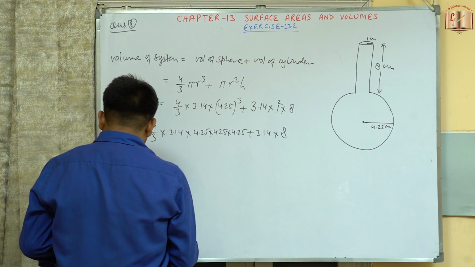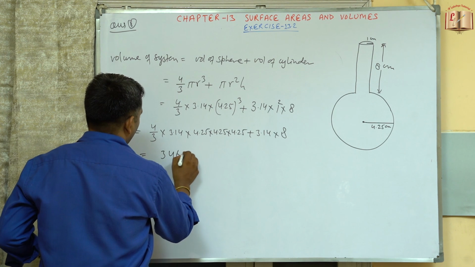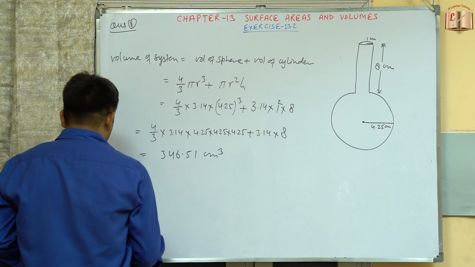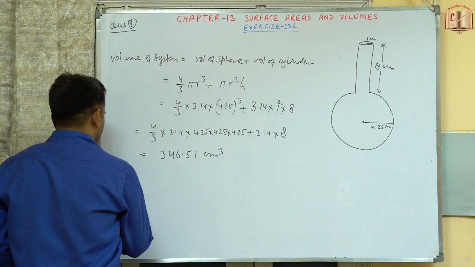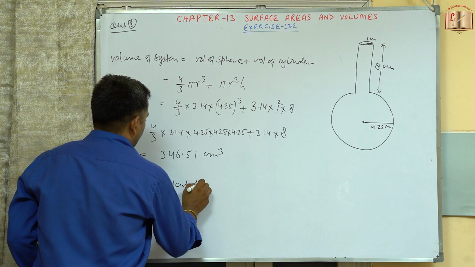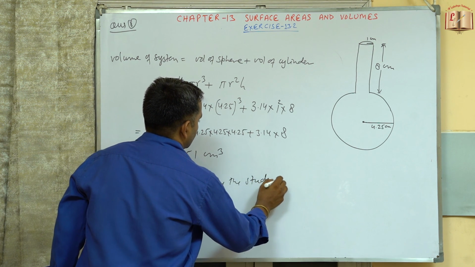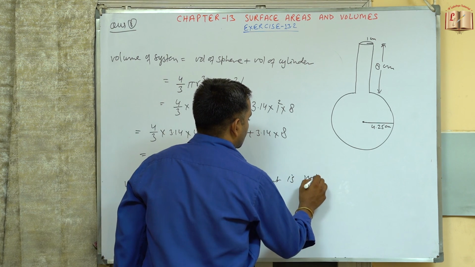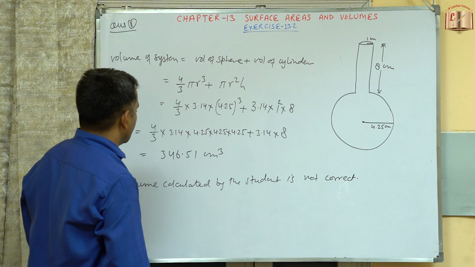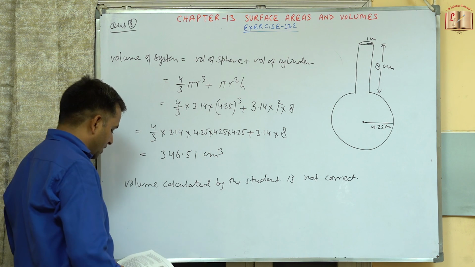So on solving this, we get this volume as 346.51 centimeter cube, and the volume calculated by the student is not correct, because the correct value comes out to be 346.51, whereas she has calculated 345 centimeter cube.